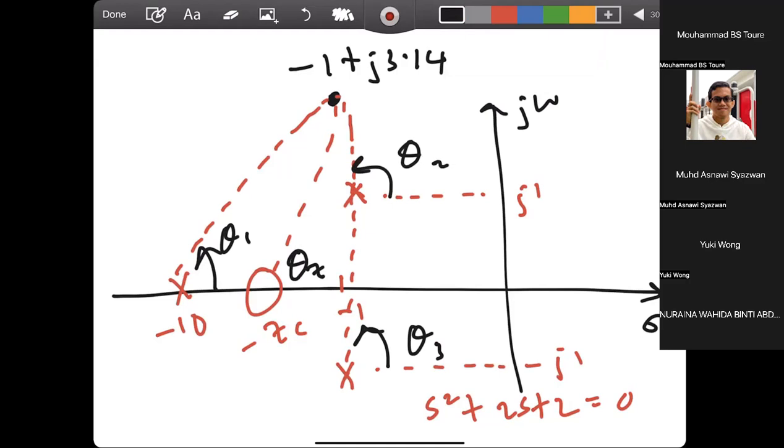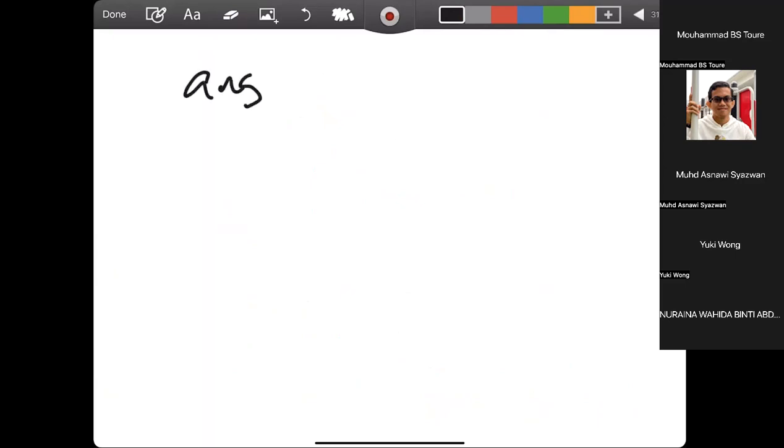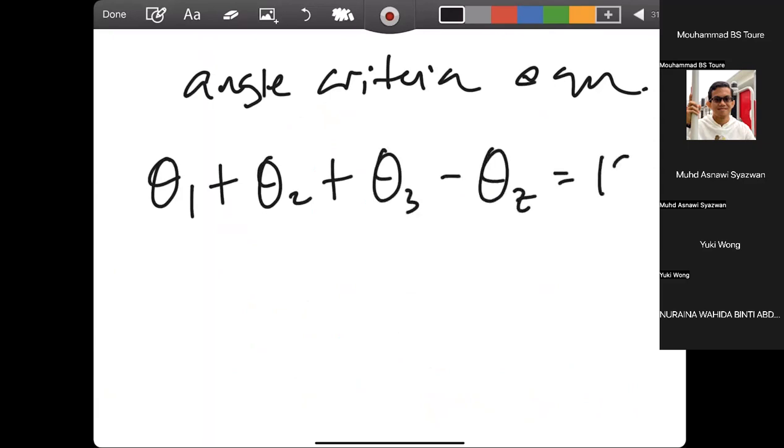So what is the angle criteria equation? Theta 2 plus theta 3 minus theta z equals 180.